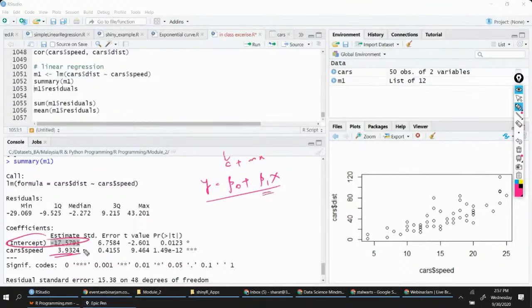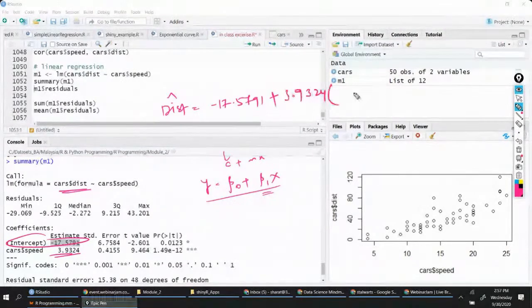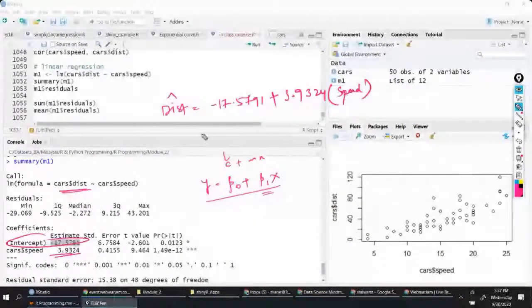This is M. That is this. So your equation, what is y in our case? Y is the distance. Distance is equal to minus 3.9324 into speed. This is your equation.